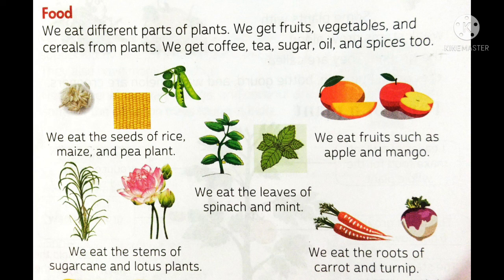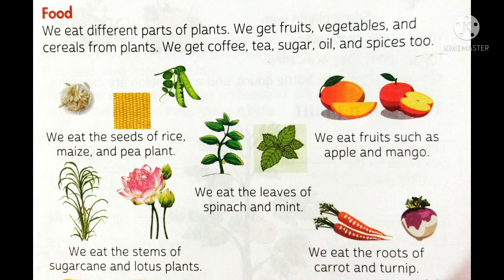Then we eat the stems of sugarcane and lotus plant. So that is also a thing we get from plants. Now we eat the roots of the plant, like carrot, radish, turnip. They are all the roots of the plant. So we get various things from plants.